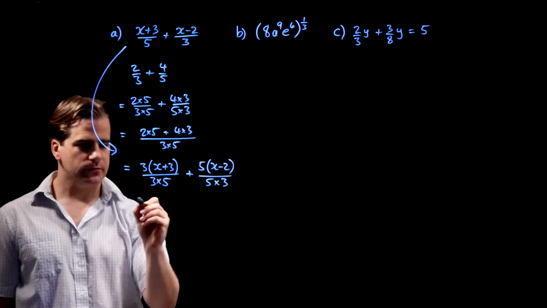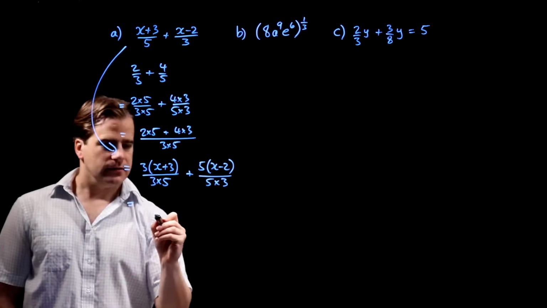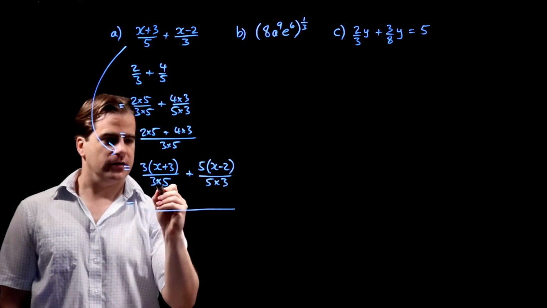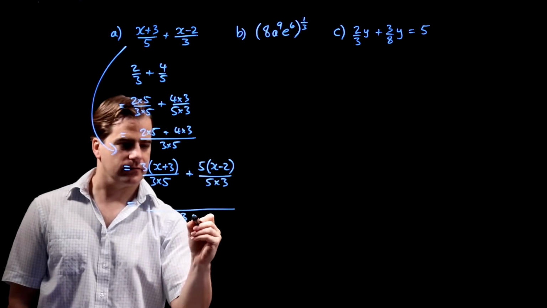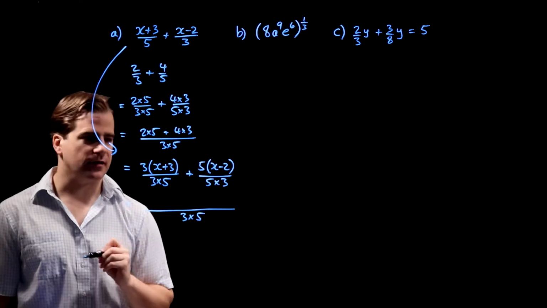Okay? So that becomes, well, it's all over 3 times 5. Like I said, 5 times 3 is the same as 3 times 5.